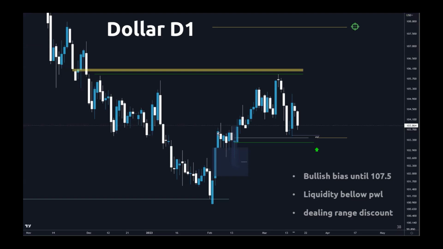So how it could look on the daily chart. We can see that the first half of the March was bullish, right? Price reacted here on this daily order block, and it has come into this daily order block in here. In my opinion, we will see price coming into this 108, 107.5.